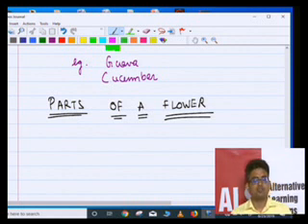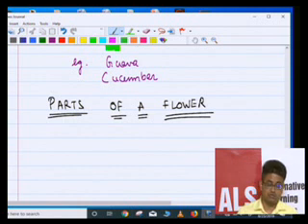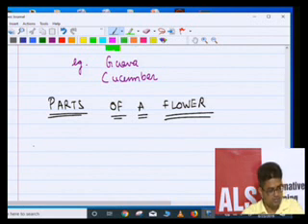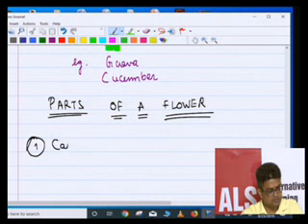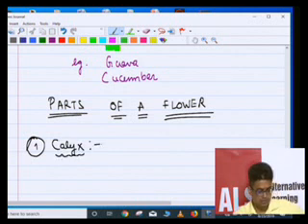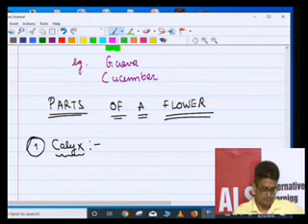When we talk about a flower, normally people think of the corolla only, but actually there are four parts: calyx, corolla, androecium and gynoecium. So let's talk about, first of all, calyx.